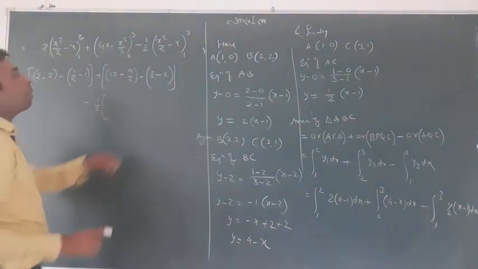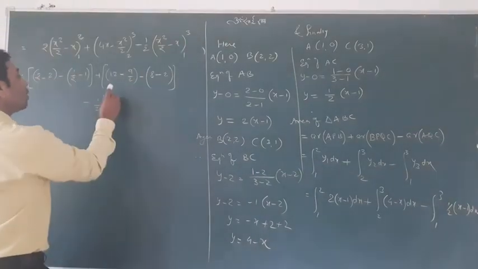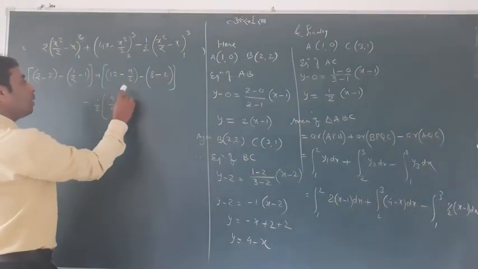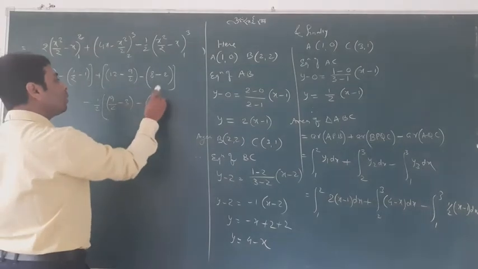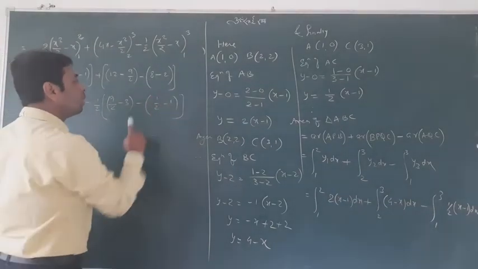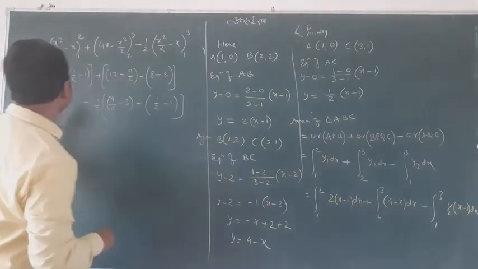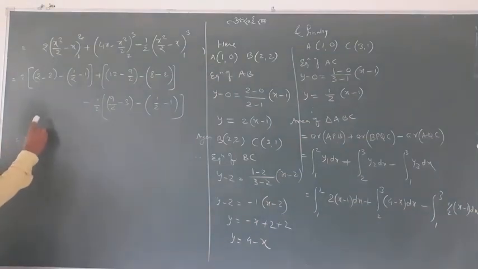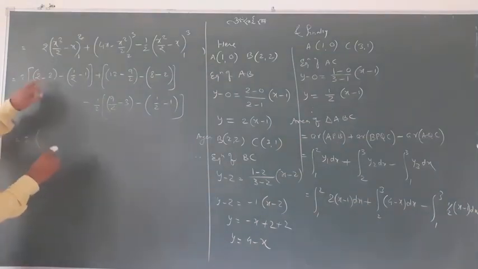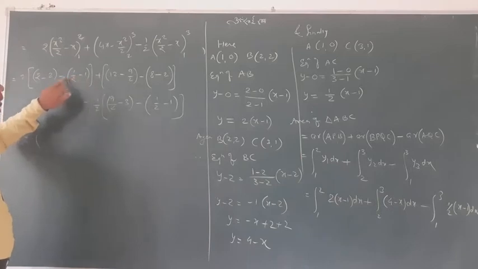Lastly, the upper limit is 3, 9 by 2 minus 3 and the lower limit is 1 by 2 minus 1. And lastly, I would solve this particular term. I'll have this is 0, this is minus half, minus and plus half.